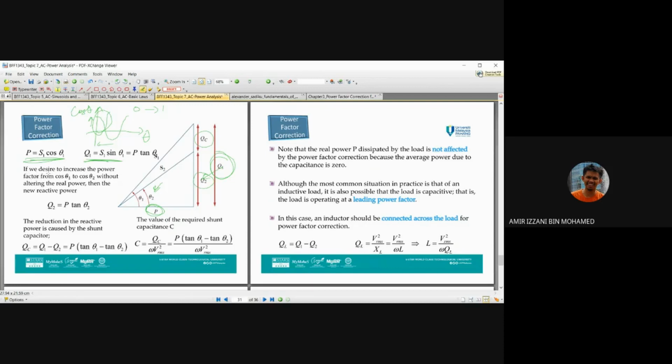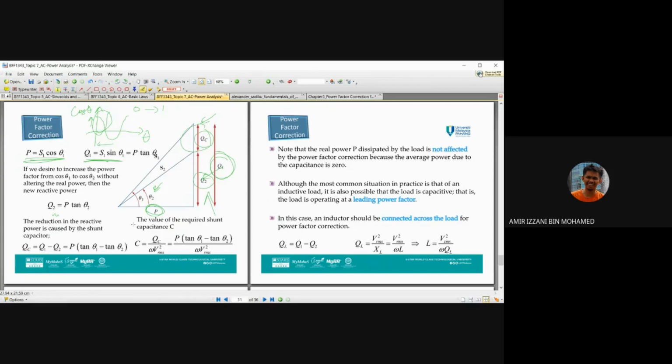If we choose to increase the power factor from cos theta 1 to cos theta 2 without altering the real power, then the new reactive power is Q2, which is P tan theta 2. The reduction in reactive power is caused by the shunt capacitor. So QC is Q1 minus Q2, the difference between these two, so it is P times (tan theta 1 minus tan theta 2).